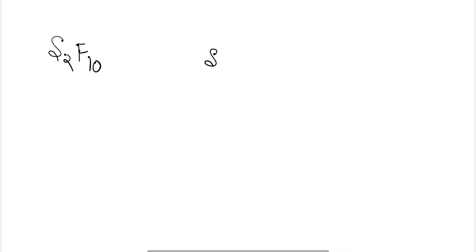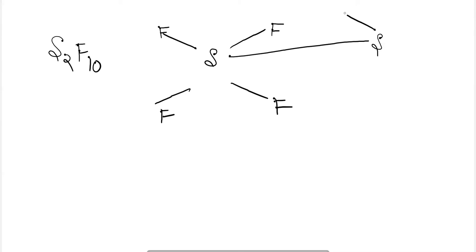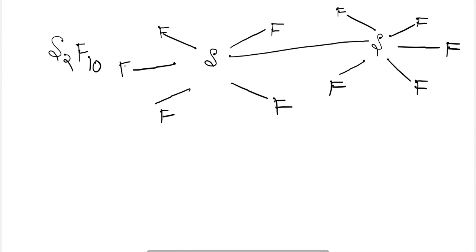It will be something like this: F F F F, sulfur, again S F F F F. One fluorine will be connected to this sulfur and one fluorine here. So here you can see that a total of 10 fluorines are connected with two sulfur atoms. So these are the pentahalides, which are formed by sulfur only. No other atoms in group 16 form this kind of halides.